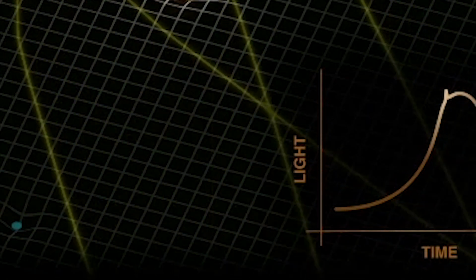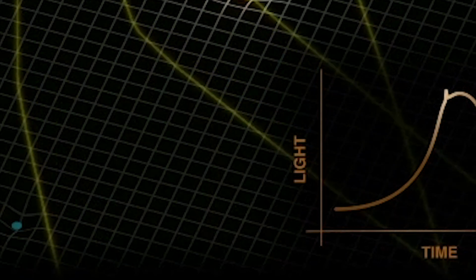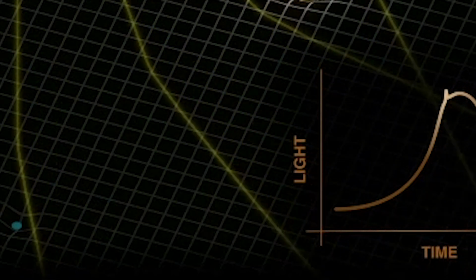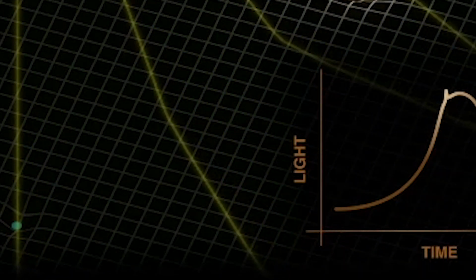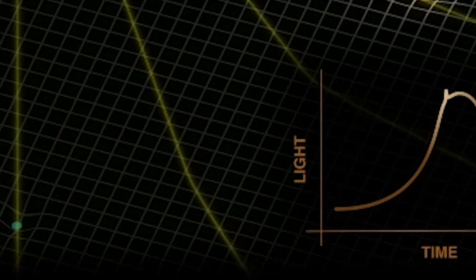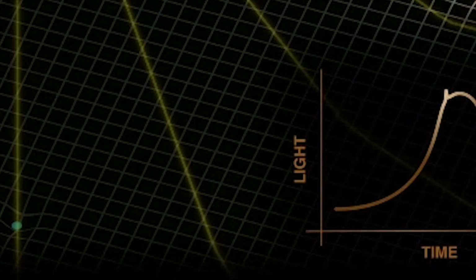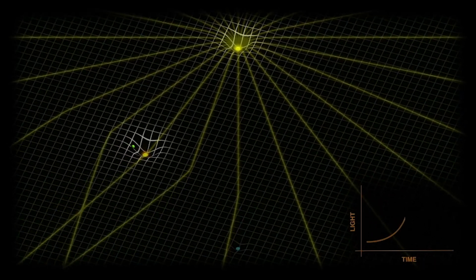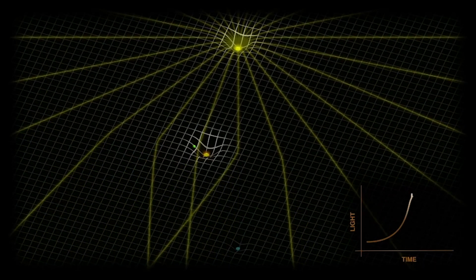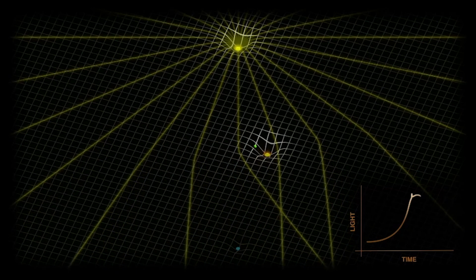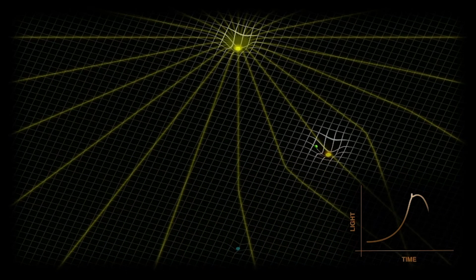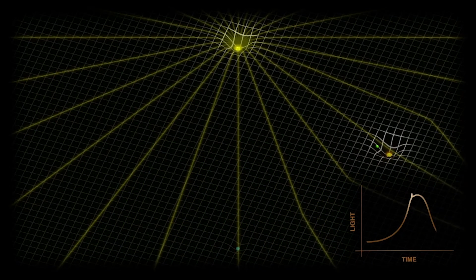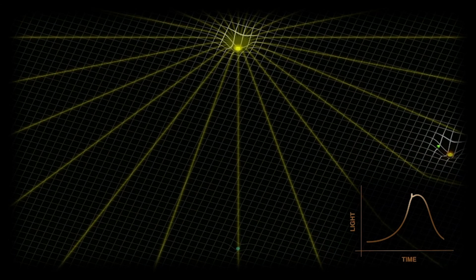And this additional light magnification caused by the planet lets us know that there is a planet orbiting around that middle star. So if we see this sharp peak in brightness, we know that there is a planet orbiting around that star. When scientists are using this method, they're not concerned about the more distant star. Only the middle star is being observed for potential planets orbiting around it.